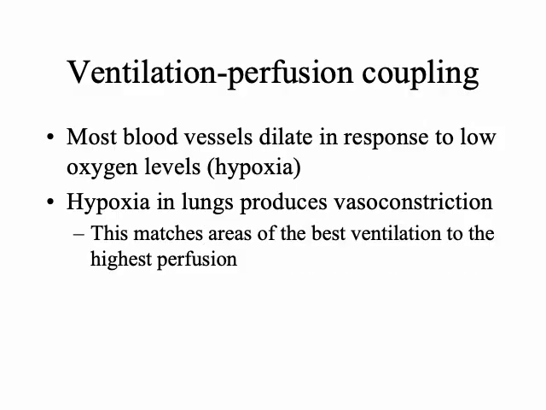Now, the next slide is ventilation perfusion coupling. And I'm not going to lie to you guys, this is one of the most commonly missed questions on my exam for this chapter. And I think it's just because it maybe seems backwards, but I actually think it makes a lot of sense. Here's the common sense version that I want you to start with.